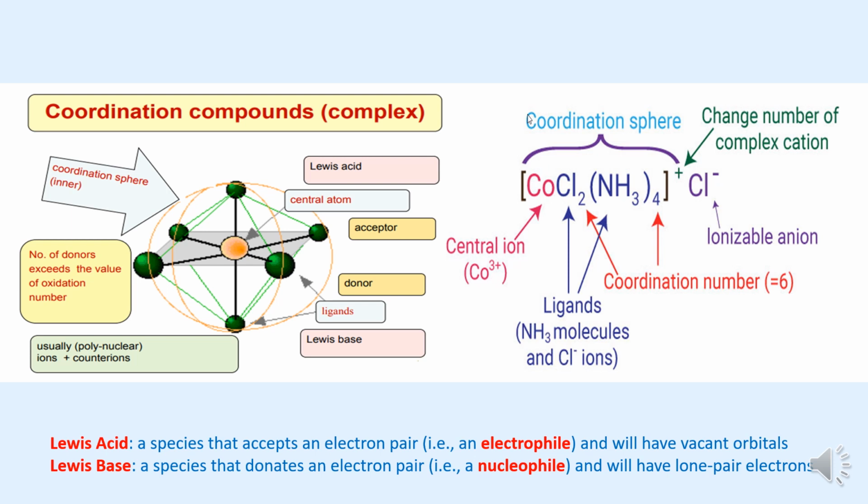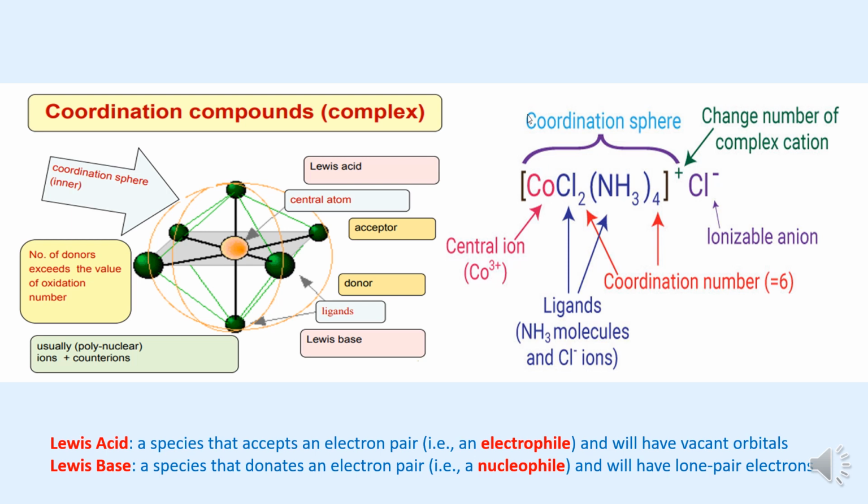The bond between the cobalt and the chlorine and ammonia is a coordinate covalent bond between the central metal atom and the ligand. The square bracket is called the coordination sphere, which contains the central metal atom and ligands. Outside the coordination sphere, we have the counter ion.